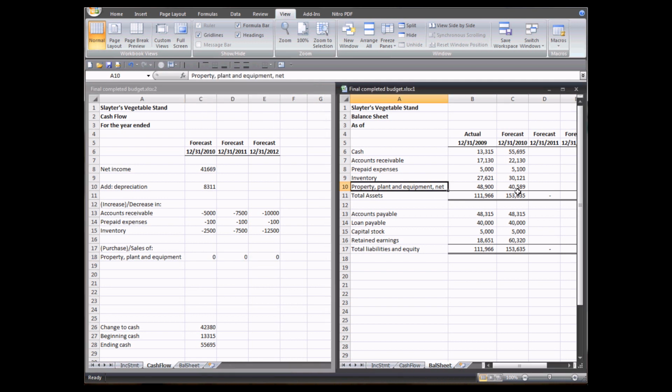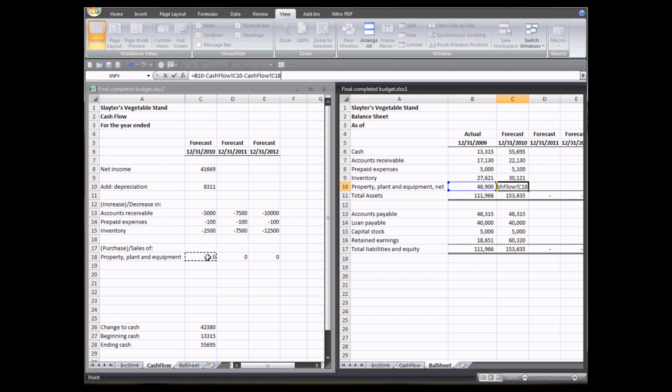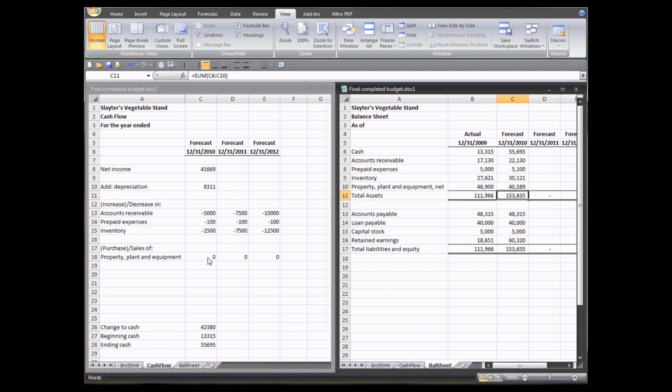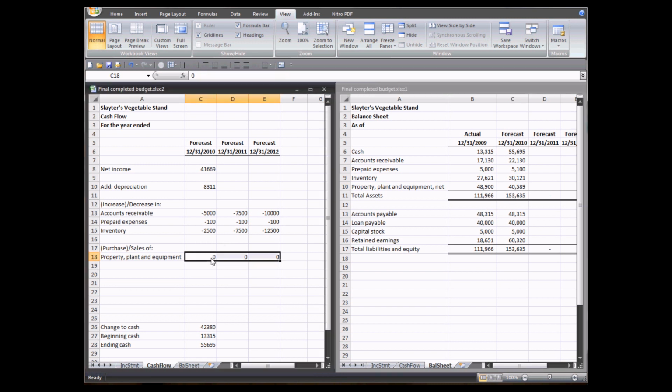And over here on my balance sheet, already I'm subtracting my depreciation. I also want to subtract my purchase, which is a negative number, which would therefore be adding it, or vice versa if it was a sale. Okay, and so now if I made a change here, just watch.